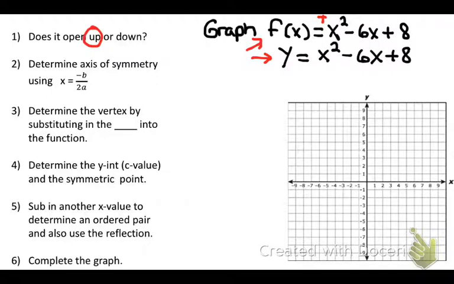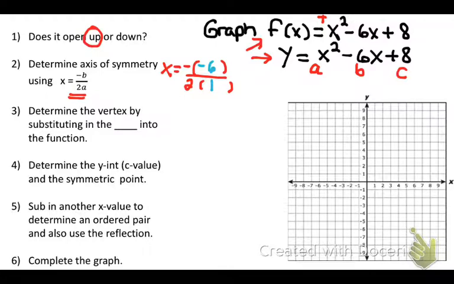Then we're going to determine the axis of symmetry, and I included our little formula here, and we know that the leading coefficient is A, then B, then C. We substitute those values in to determine the axis of symmetry. So pause the video and do that now.